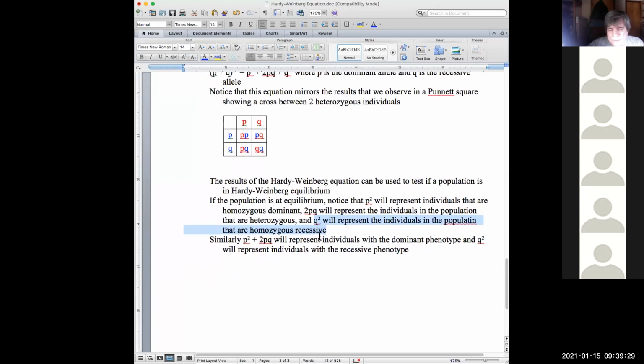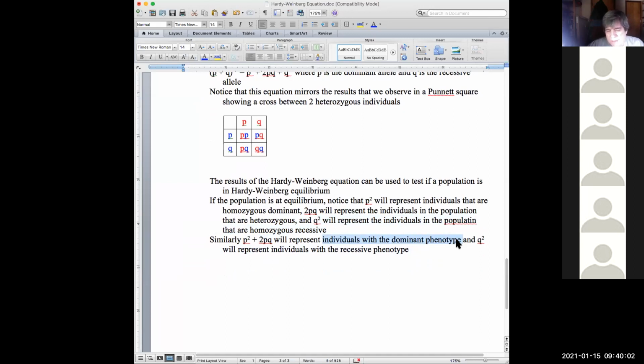Now, think about some of the things that we know from genetics. Remember, one of the things we talked about towards the beginning of this discussion, and that I'm sure you talked about back in 105. If we combine the individuals who show the dominant allele, who are homozygous dominant, and the individuals who show the dominant allele because they're heterozygous, then if we add these 2 together, this is everybody who has a dominant phenotype.